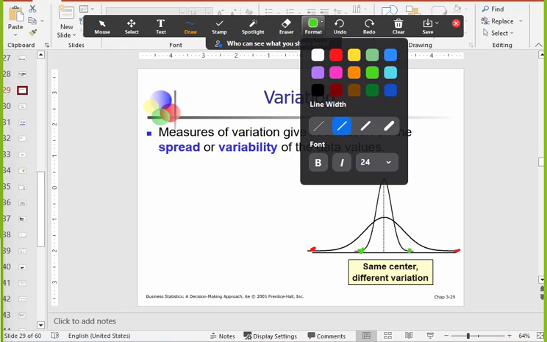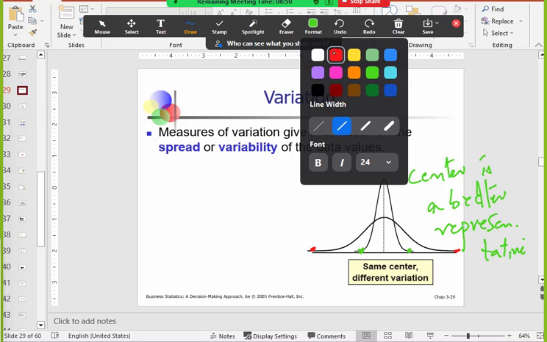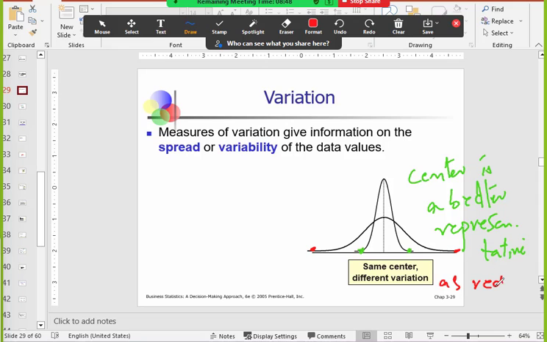So it means for the green case, the center is a better representative as compared to the red. Why? Because in the red, the individual observations are very far from the center, but for the green, the individuals are near.